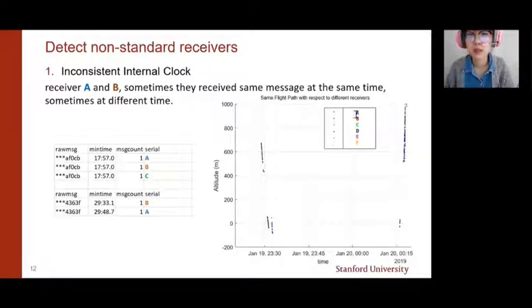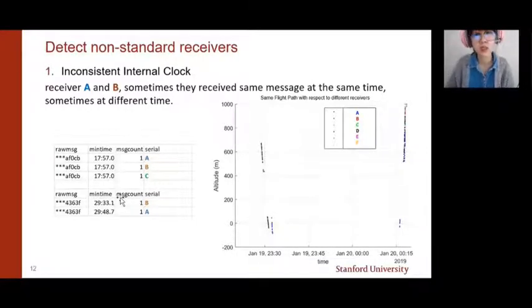But ground receiver A has a flight path that's slightly off from the main crowd. If you plot that flight path onto a 3D plot, you will see a zigzag shape in the altitude because of the different timestamps from A compared with the other ground receivers.